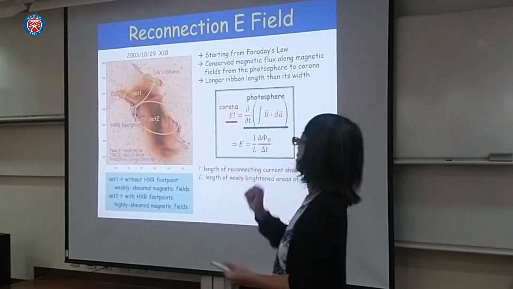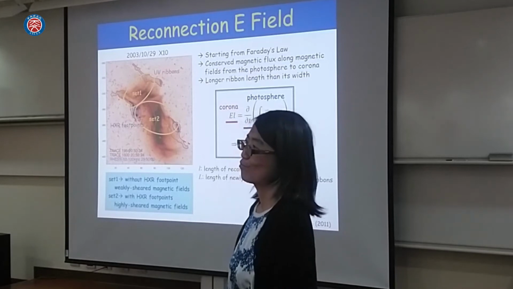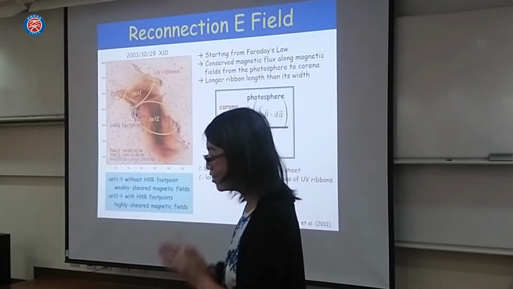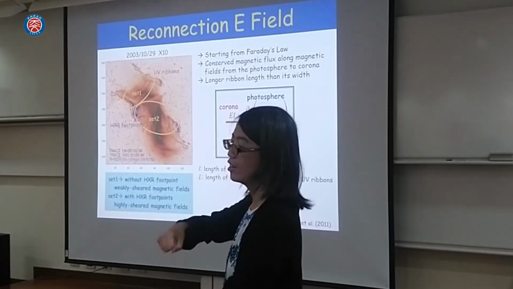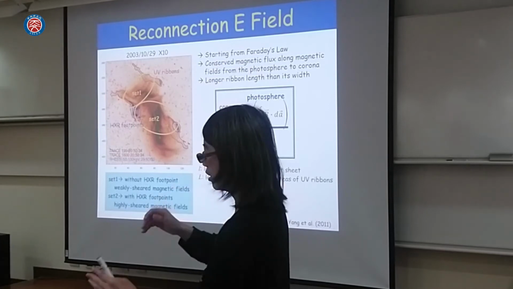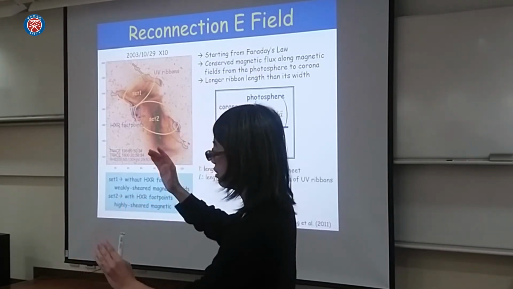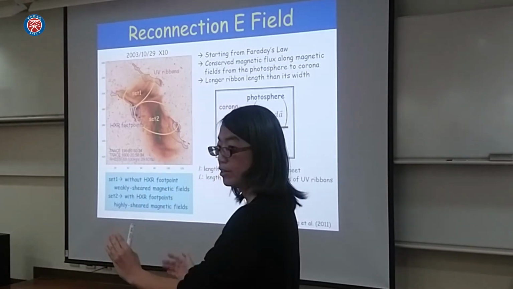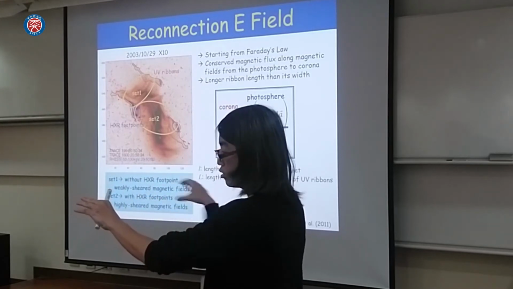We did observe both. Usually if the flare occurs near the limb side, it should be easier to catch these two kinds of source.